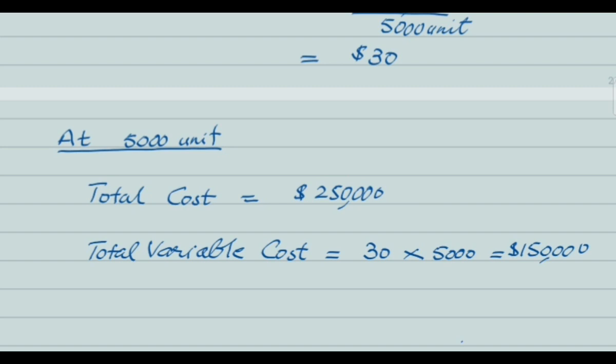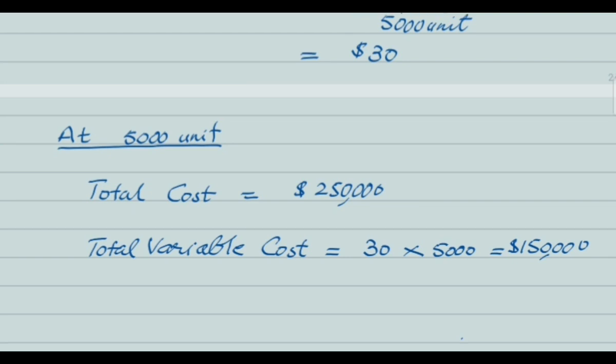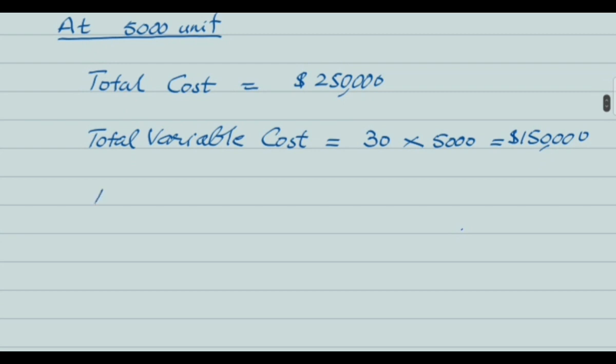So at 5,000 units of activity level, the total cost is $2,50,000 and the total variable cost is $1,50,000. As we know, total cost is a sum of total fixed cost plus total variable cost. So we know the total cost at the 5,000 unit level, that is 2,50,000.